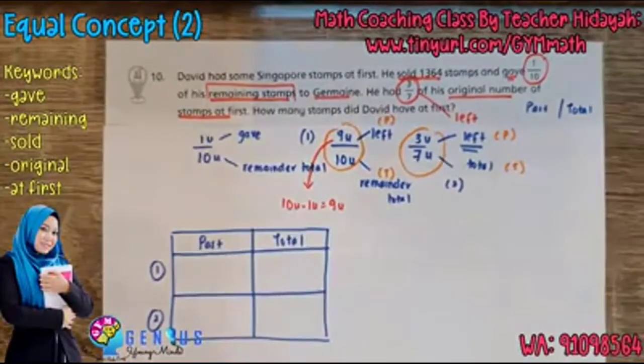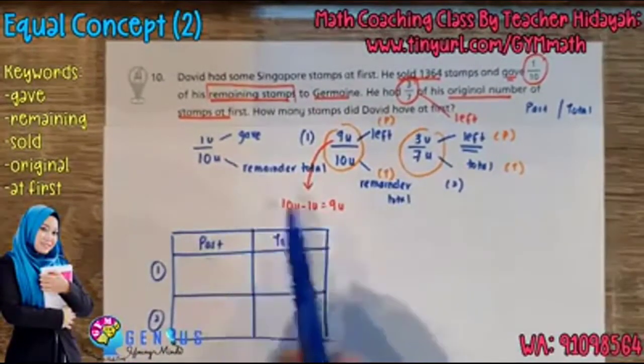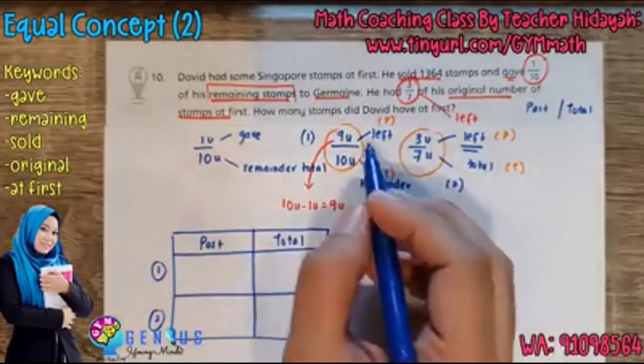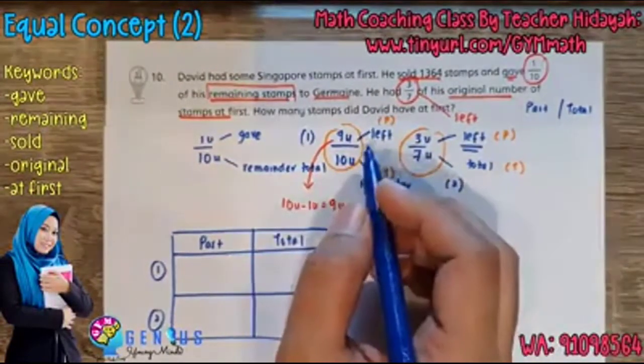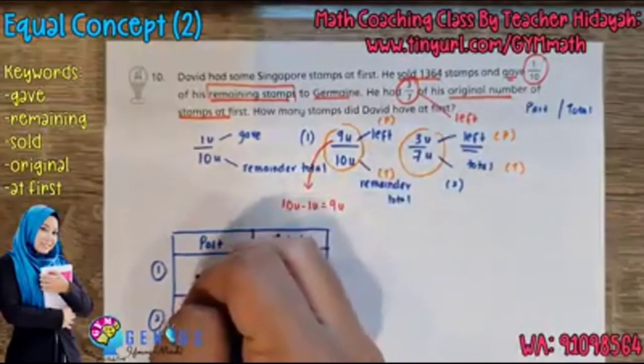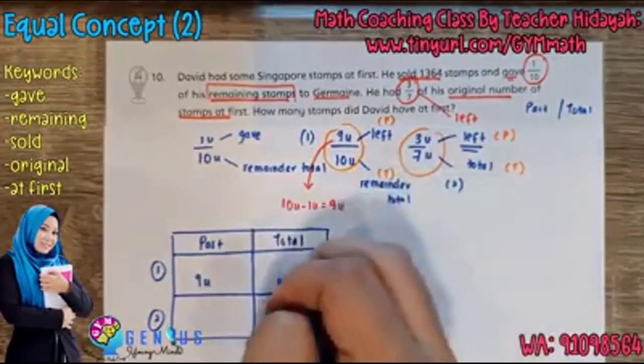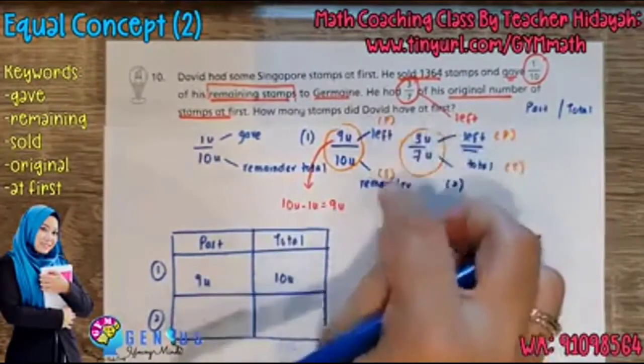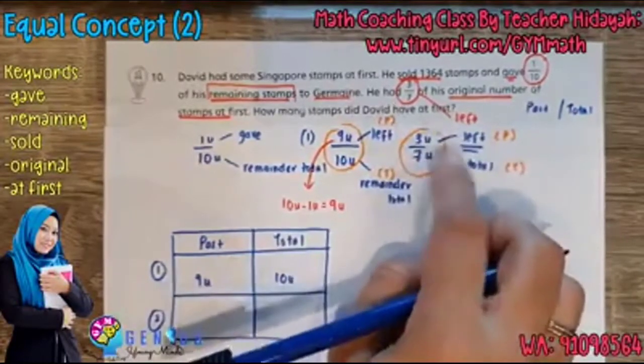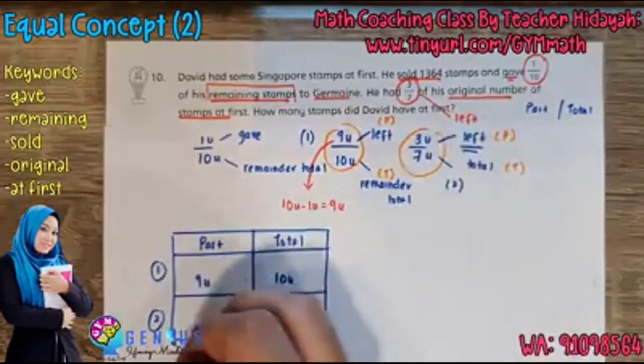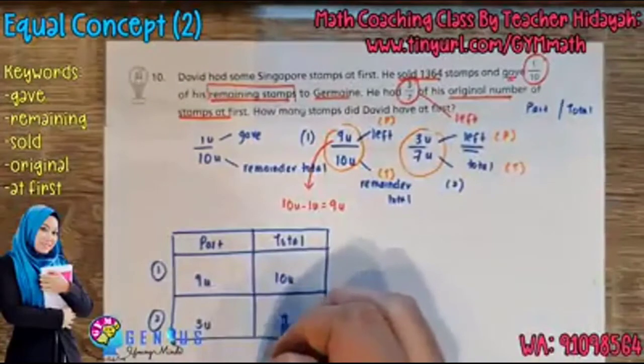Then we fill it up. For the part, the first one, we are talking about the left. So we have 9 units, and here will be 10 units. So that is part and total for the first fraction. And the second fraction is 3 over 7. Part is 3 units, and the total is 7 units.